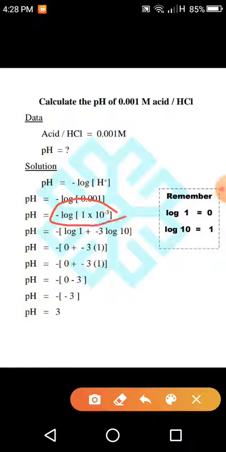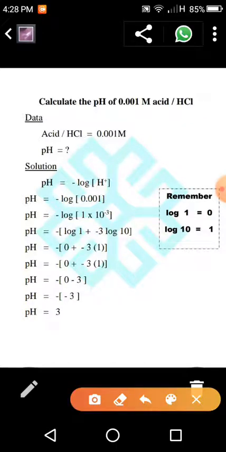When we apply log, that multiply will be converted into plus. You can see minus log 1 plus, and then the power becomes the value before log. You can see minus 3 log 10.